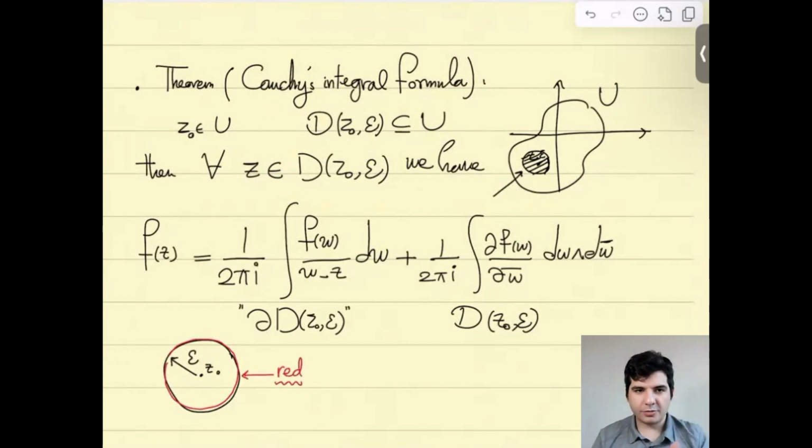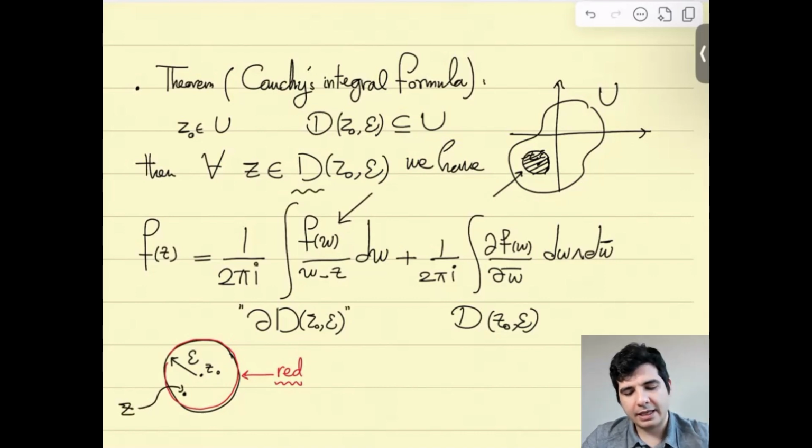So we are integrating along this real one-dimensional object, along the circle. Here, the variable of the integral is w; we are just replacing z with w. For any z, which can be any point in the disk, the value of f at z is equal to this integral, where w is every point on this circle, and we integrate over that.